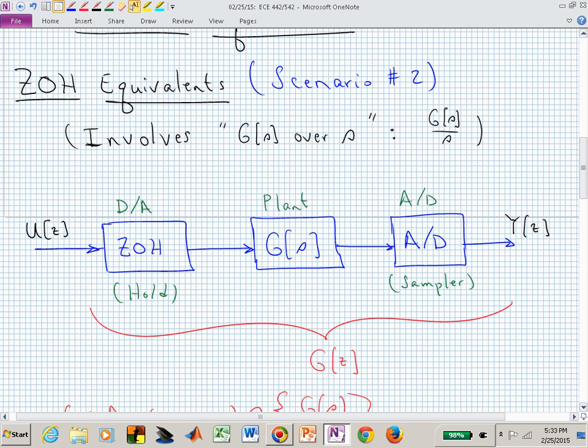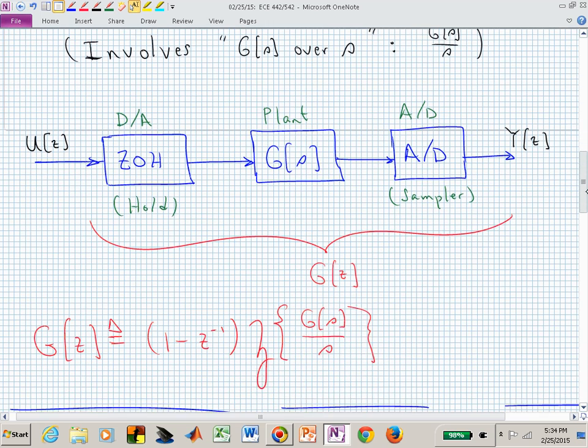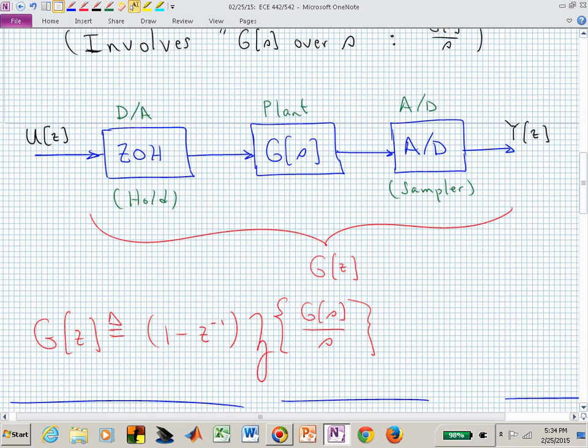You're trying to now take something that's in the continuous time domain into the discrete setting to obtain a G of Z, and the G of Z for the zero order hold equivalent is packaging all 3 of these pieces together to create one nice, concise capital G of Z. That was really the pulse response, which said we turn the unit step on and then we turn it off after T units of time, and that's where that 1 minus z to the minus 1 factor is really coming from.